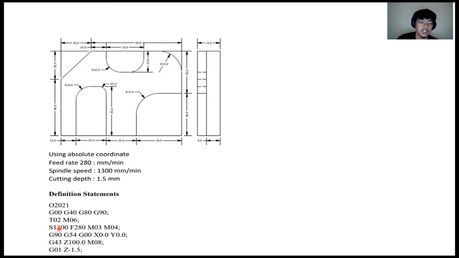Next, G90 is the code for absolute coordinates that we use in our program, starting from X0 and Y0. The next block is coolant on, M08, and the last block, Z1.5, represents the cutting depth of 1.5 millimeters.